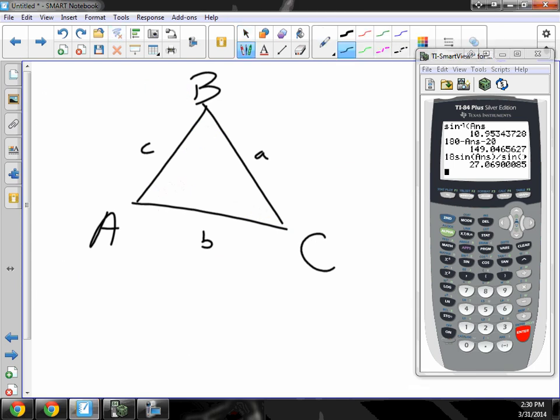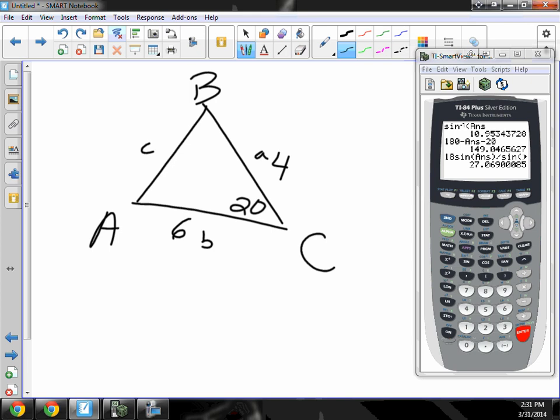Let's try another one. How many solutions does this have? How come? This is side angle side.